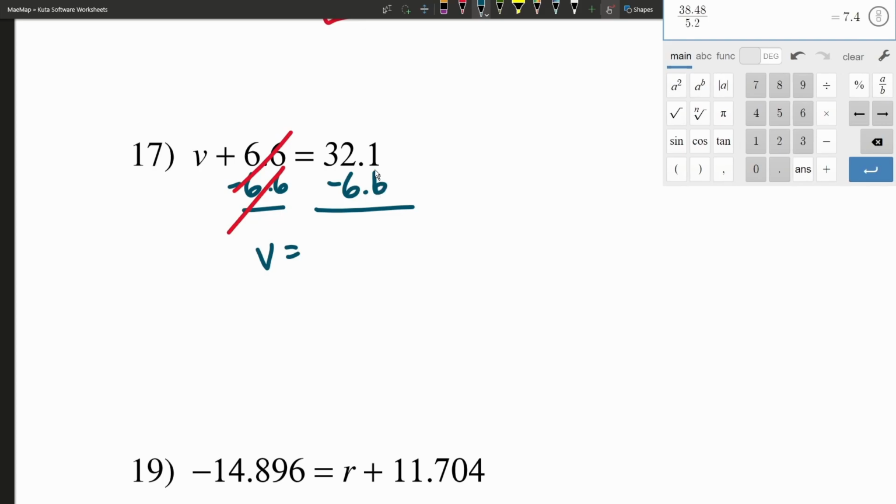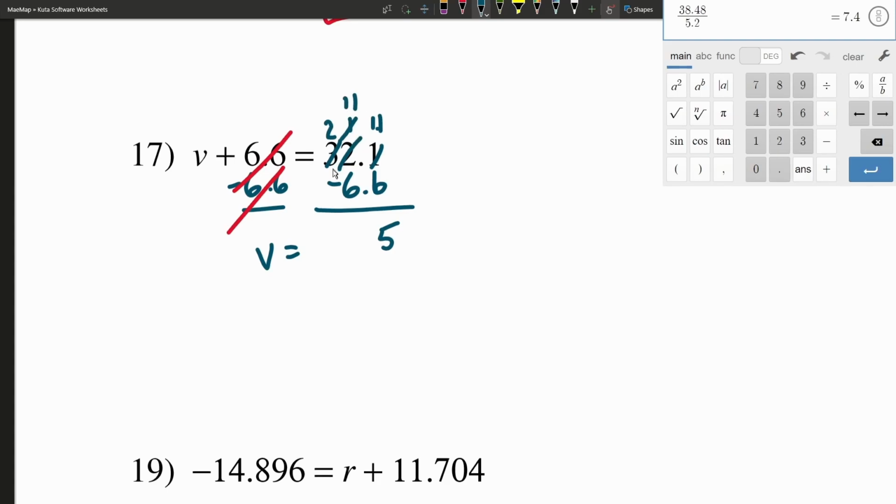We can't do that, so we're going to have to borrow. Canceling out this 2, I'll borrow from that and leave it with a 1, and then I'll put an 11 as opposed to a 1. 11 minus 6 is going to give me 5. 1 minus 6, again, can't do that, so we can cancel out this 3, turn it into a 2.